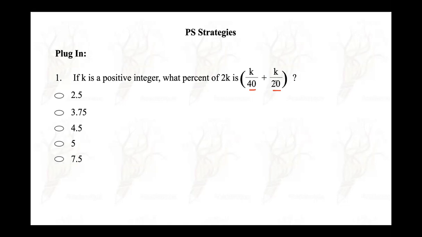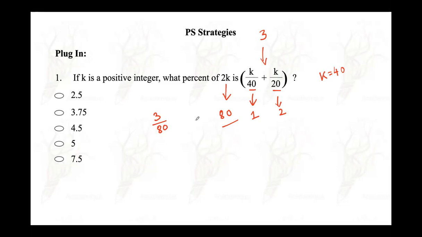For example, let's assume that K is actually equal to 40, in which case this value becomes 1, this value becomes 2. So therefore, this value becomes 3. And this value, which is 2K, will become 80. They're asking what percent of 2K is this value. So we are talking about practically a value of 3 by 80.